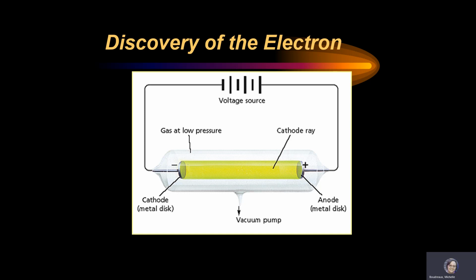If you put a magnet next to it, you can make the beam of light move and deflect. So he discovered if I put the negative side of the magnet next to the beam of light, it bends away from the negative magnet, meaning that the beam of light is repelled by something negative.